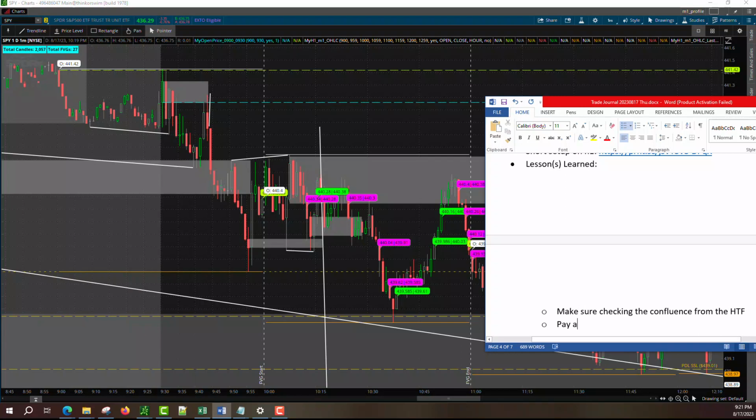Pay attention to the overall trend, or in other words, the environment. The same setup, but if you apply it in a wrong environment or a wrong overall trend, it didn't work out.